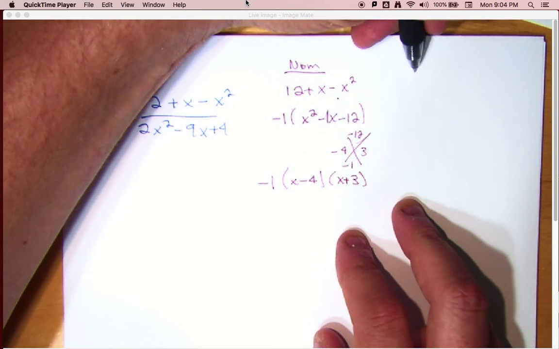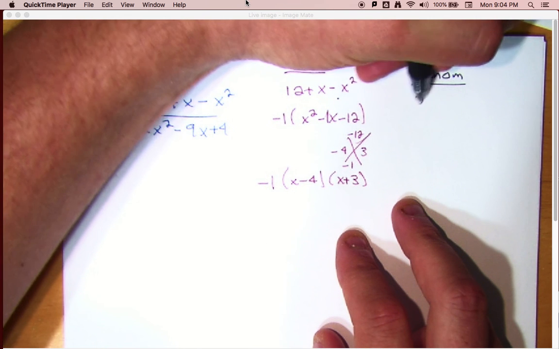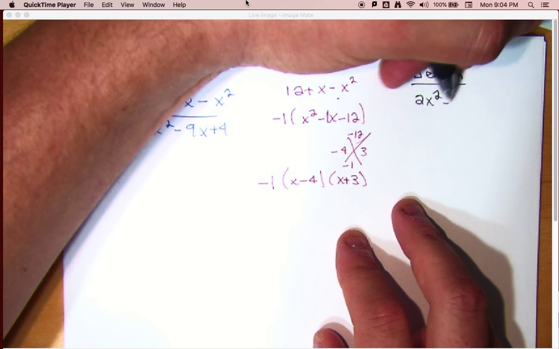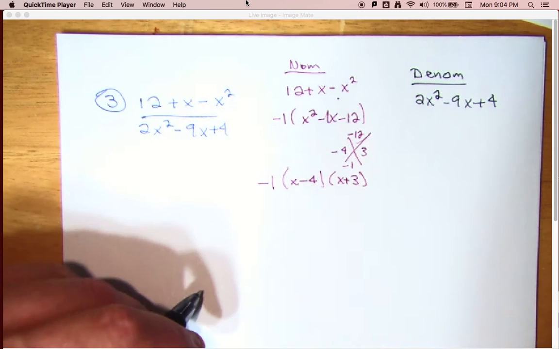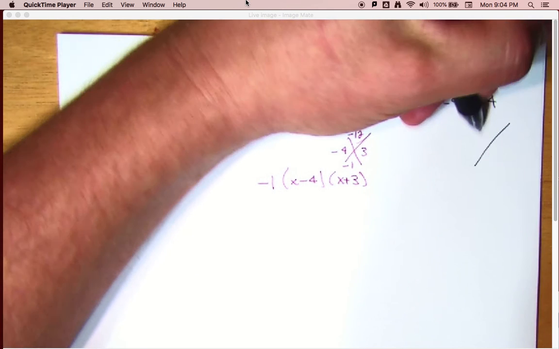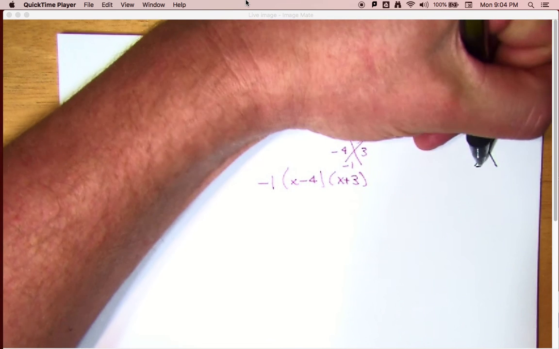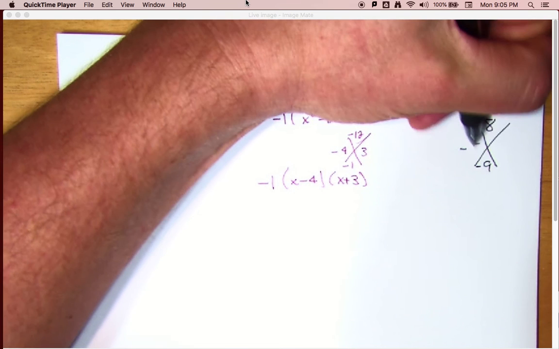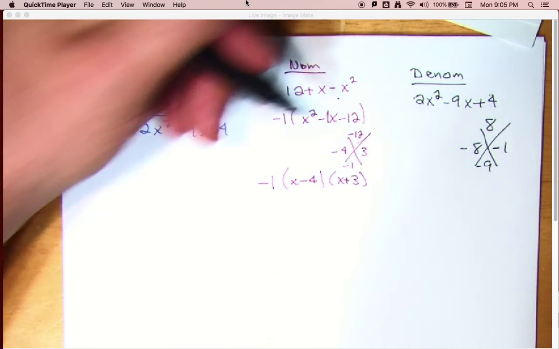My denominator, 2x squared minus 9x plus 4. So we do our factor x. So we go 4 times 2, which is 8. Has to add up to get negative 9. Negative 8, negative 1. Okay?